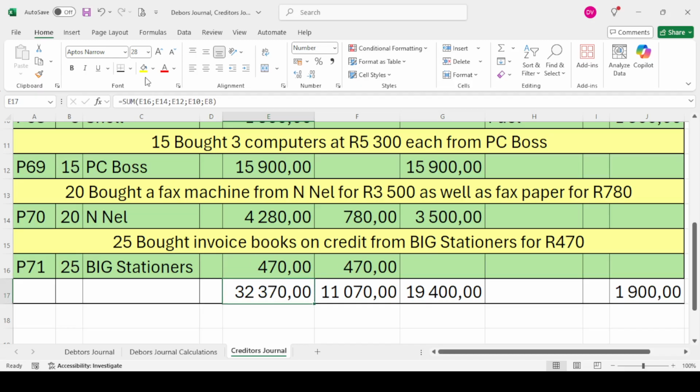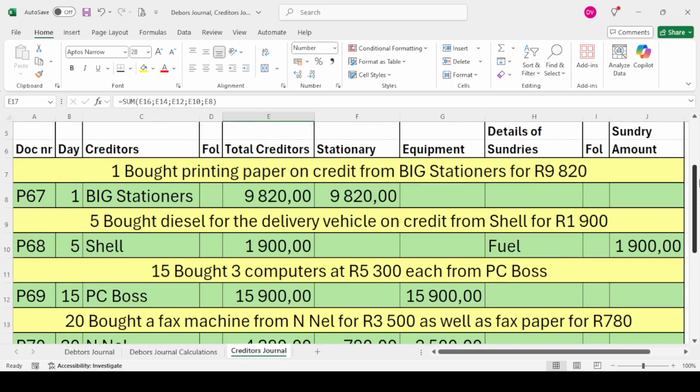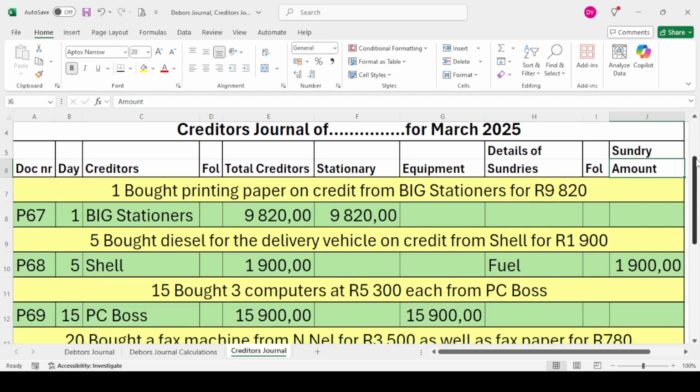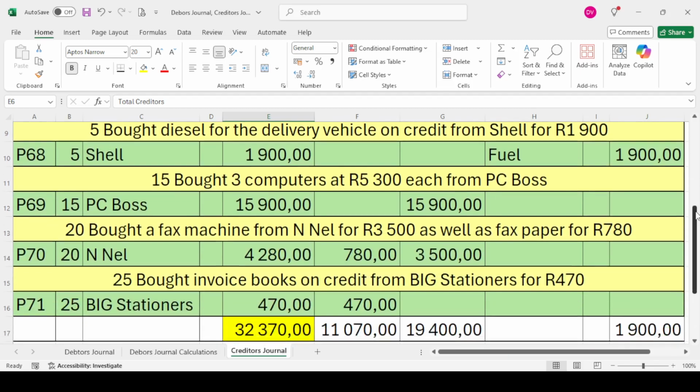So if you look at these totals, basically how you can double check yourself is if all of your columns, stationery, equipment, and sundries, if you add up all of those totals together, it should be the same as the total for the total creditors. So let's quickly check. I haven't done it.